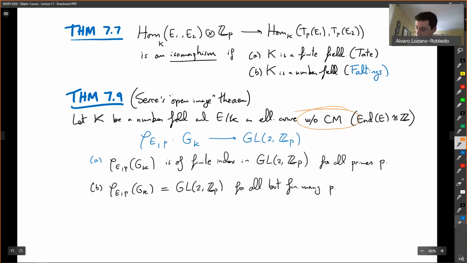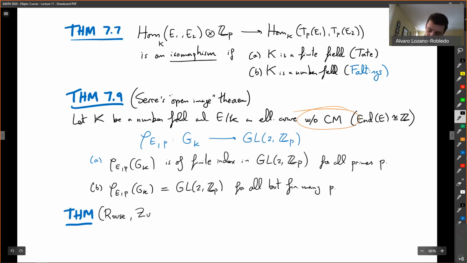And then the last theorem I wanted to mention is a much more recent result by Jeremy Rouse. By the way, Jeremy Rouse is speaking tomorrow in the algebra seminar, so I would really recommend that you attend that talk.